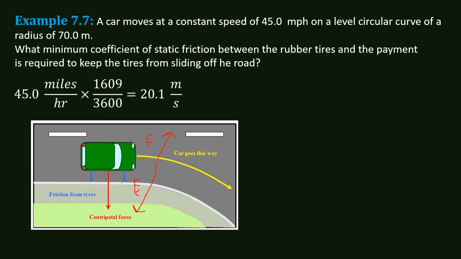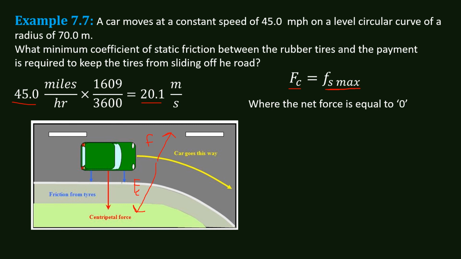So let's first convert 45 miles an hour, and then we get 20.1 meters per second. Our F_c, this is centripetal force, has to be equal to the maximum frictional force for the car to stay on the road. So the coefficient of static friction in this case has to be between the cement, or whatever the material of the road is, and the tires.